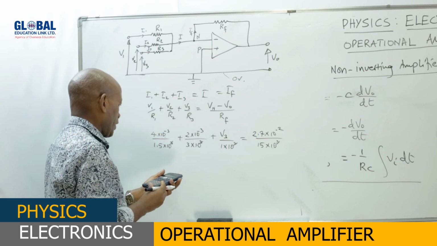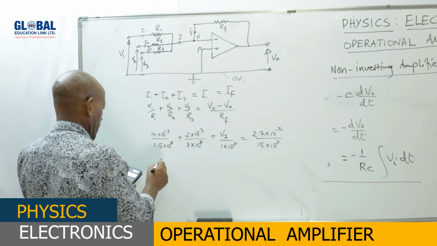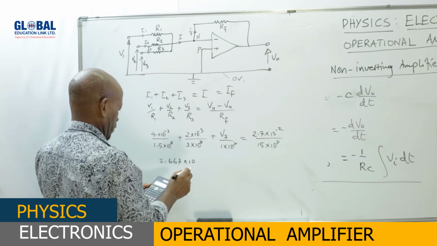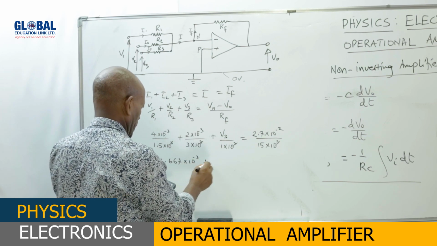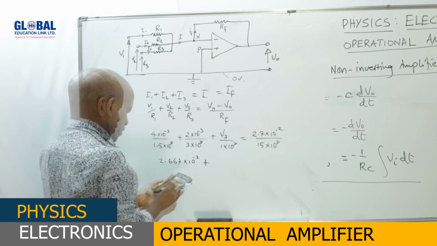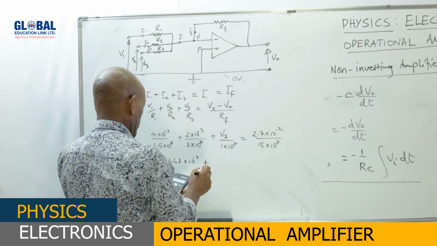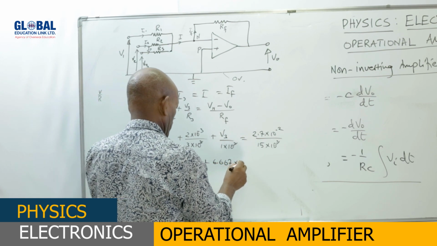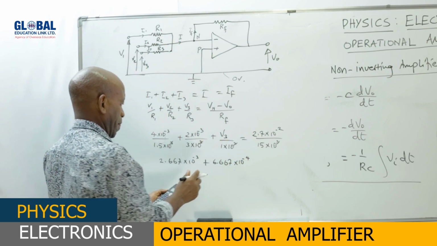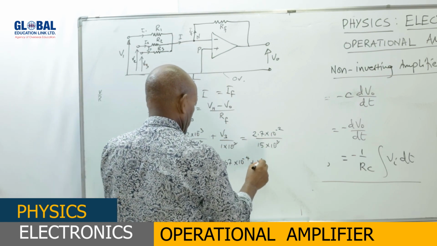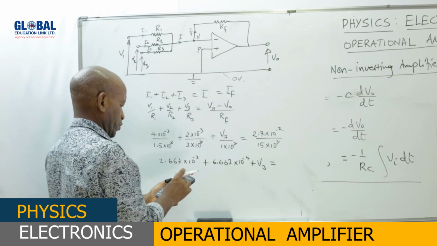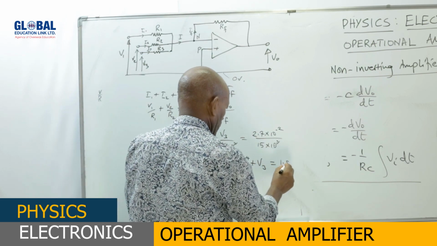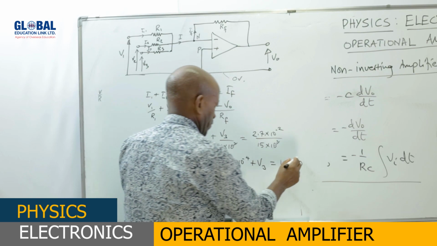If you use your calculator, you'll be getting 2.667 times 10 to the power negative 3, and if you add 2, then you'll be getting 6.67 times 10 to the power negative 4, and you add plus V3. So the whole of this will be equal to 2.7 times 10 to the power negative 2 over 15 times 10 to the power 3, and we'll be getting 1.8 times 10 to the power negative 3.